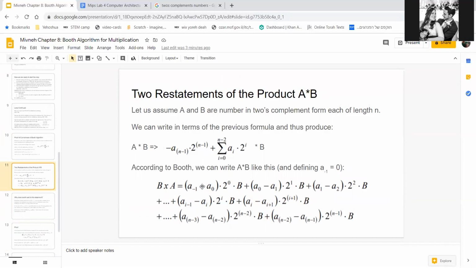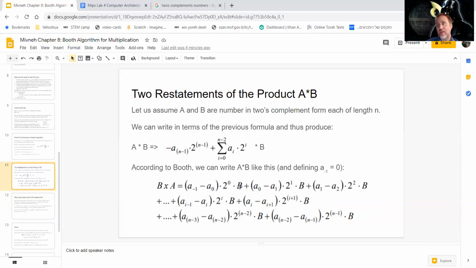If this is 0 and this is 0, then 0 minus 0 is 0. So 0 times 2 is 0. I don't add anything. You see how I don't add anything? Because this 0 times 2 times b, the whole thing will be 0. So if they're the same, I don't add. And if it's a 0 and a 1, then I'm going to subtract 1 times whatever b is.